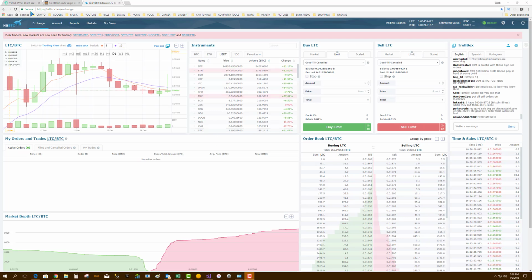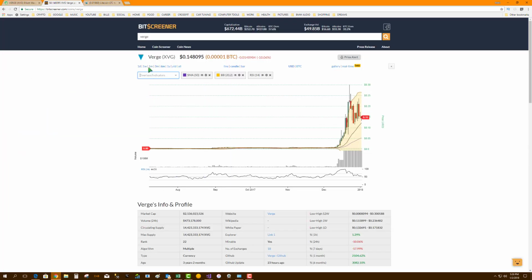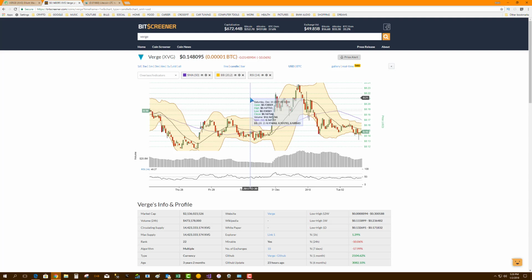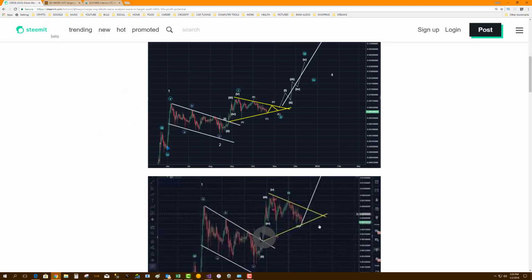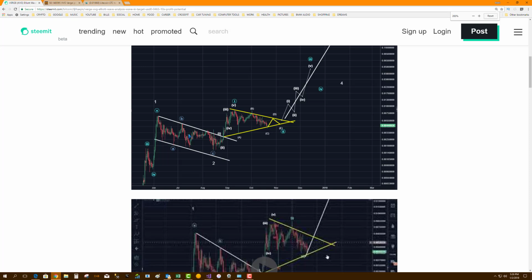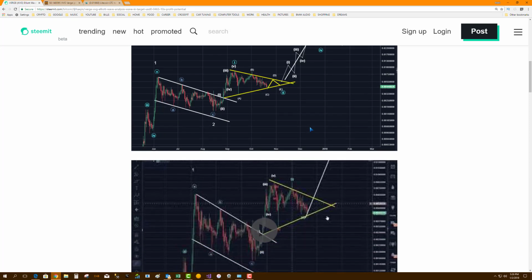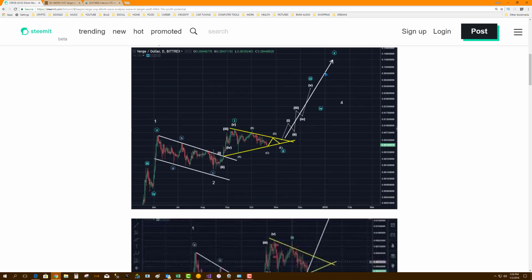So first and foremost, looking at Verge, and this is directly related to tonight's video. We can see Verge pumped and then it seemed like it dumped. But if you've been following Verge on Steemit and a couple others, you can see that we are getting a really nice Elliott wave, perfect triangle, with some people calling a 3,000 and above Satoshi price.